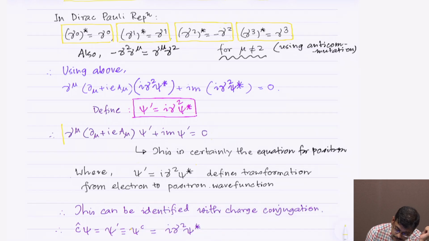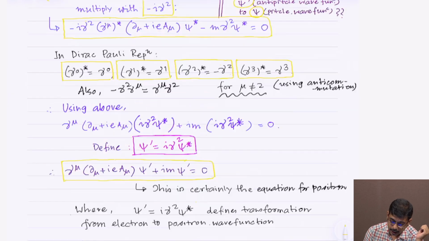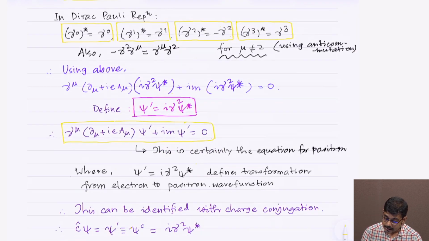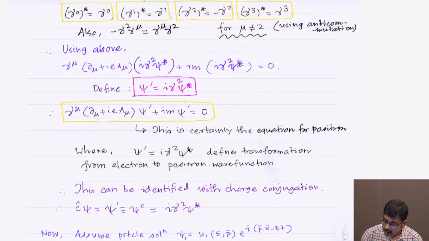Now, compare this equation with the equation that you wrote for the positron. You argued that the equation for the positron was essentially gamma mu times del mu plus i e A mu psi prime plus i m psi prime equal to 0. So, this is essentially an identical equation with that of the positron.